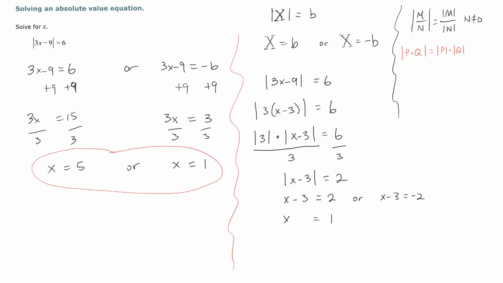So x is equal to 1, or x is equal to... Of course, I miscounted. What's 2 plus 3? 2 plus 3 is not 1. 2 plus 3 is 5. How about that? There we go. And notice, we do end up getting the exact same answers. So the journey was a little different, but it worked out just as beautiful.